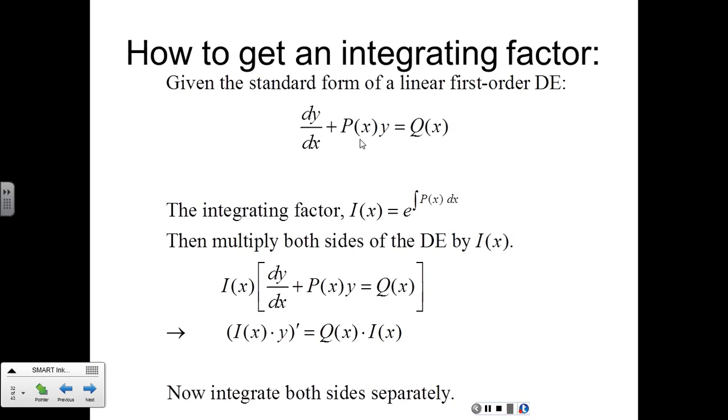It's going to be your power of e. But we're going to get some tricky algebra there. Now here's what's cool. Once you find your integrating factor, I call it I of x. Multiply both sides of your DE by that.